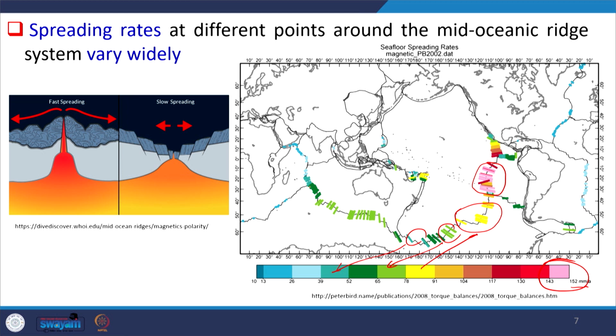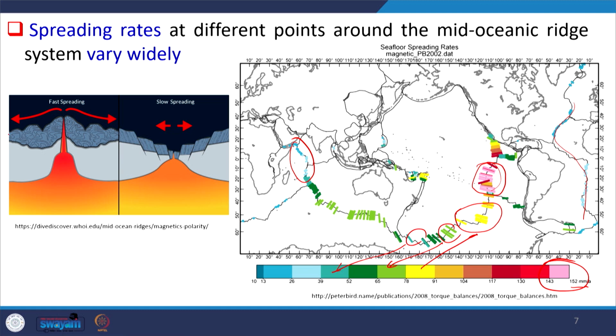Similarly, if you compare these different ridges, for example, the Southwest Indian Ocean ridge, the East Pacific ridge and the mid-Atlantic ridge, you will find a drastic variation in the rate of spreading. So, the rate of spreading defines all types of geology, geophysics and geochemistry of this mid-oceanic ridge system.